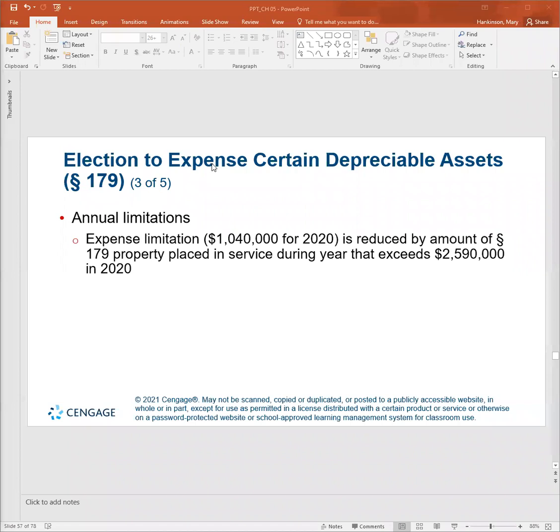The first limitation we're going to discuss is the ceiling amount. A taxpayer's Section 179 deduction is subject to an annual limitation or an annual ceiling amount. That ceiling amount is 1,040,000 as of 2020.